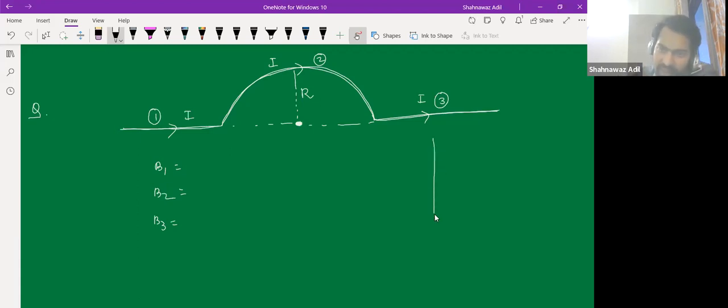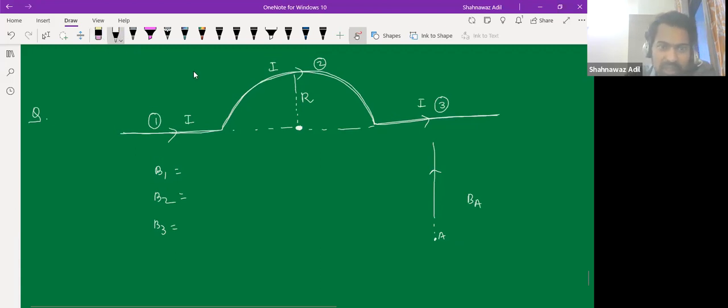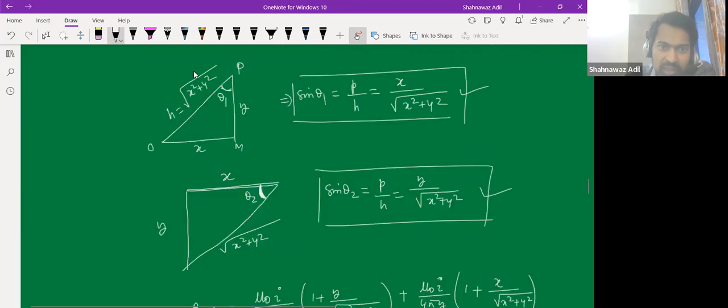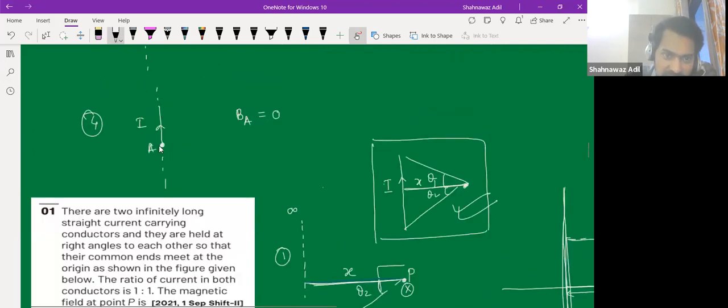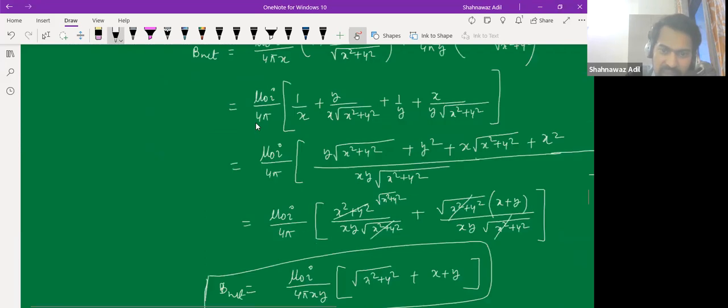If we have this current and we want to calculate the magnetic field along the line, so what is the magnetic field at this point? I have written this, right? If we calculate the magnetic field along the line, that is zero, right? Tariq, is that clear?